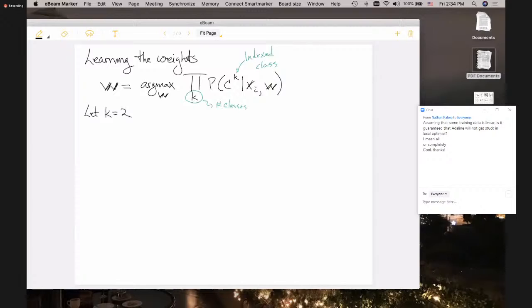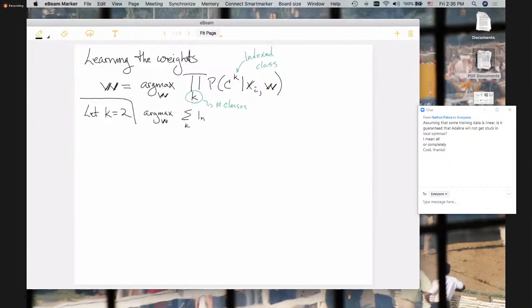Whenever we're dealing with these products, that's usually kind of yucky. So as we've been doing all along today, let's go ahead and take the log. We'll make it the natural log.